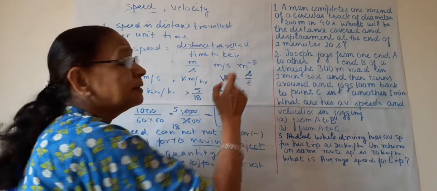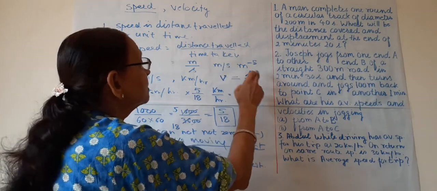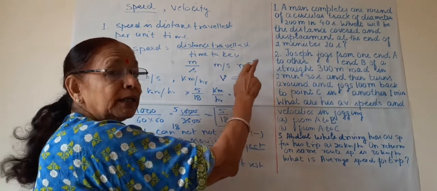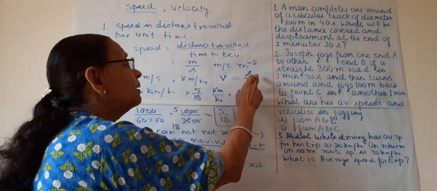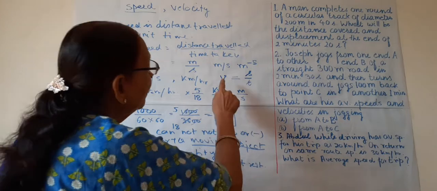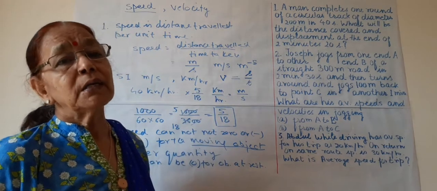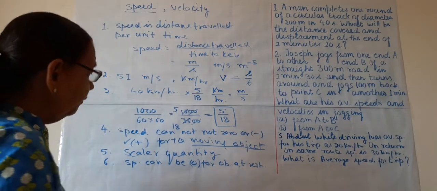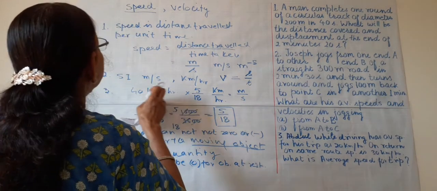That's why this s is given. For distance in physics, we should learn distance is not d, it is s, time is t, and speed is small v, and velocity also is small v. So this is how we describe speed.